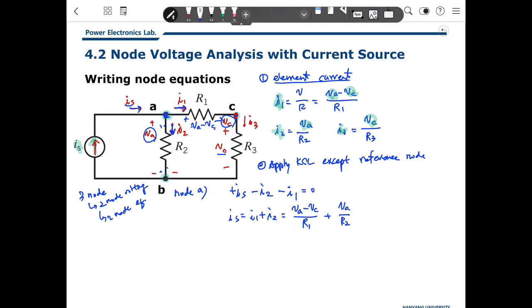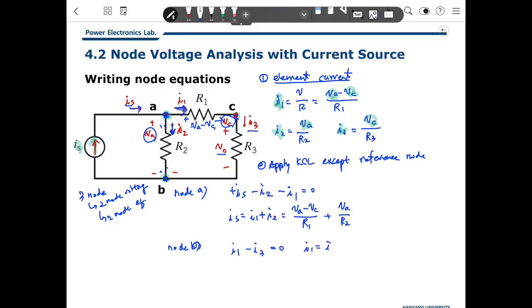And what about node C? Because node B is the reference, we consider node C. And I choose going into the node as positive, so I1 is going into C, so that is plus I1. And I3 is going out of node C, so this is minus I3 equal to 0.